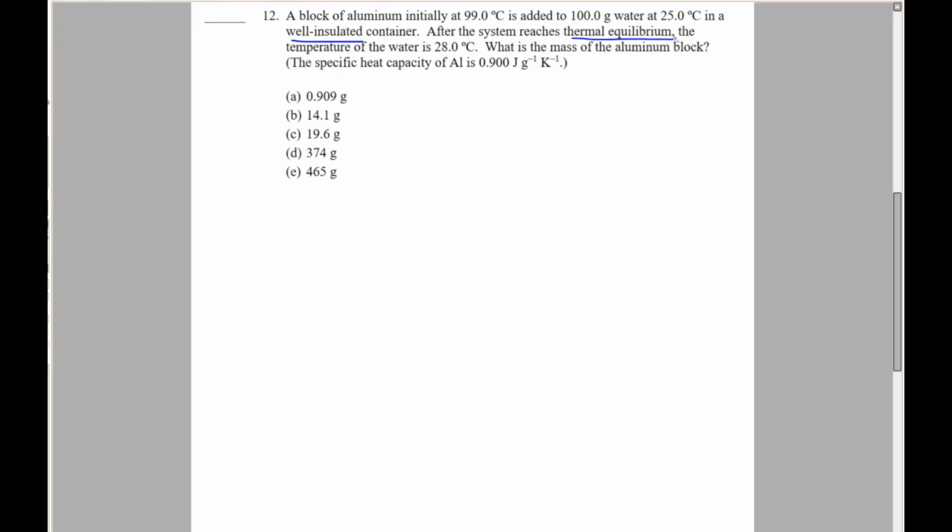The specific heat capacity of aluminum is 0.9 joules per gram per kelvin, or you could write it as J g^-1 K^-1. For this problem, we're given initial and final temperatures, and we're also given a specific heat capacity. So that points us to this equation that's given on the equation sheet. It looks something like this, which we can use to solve this problem.